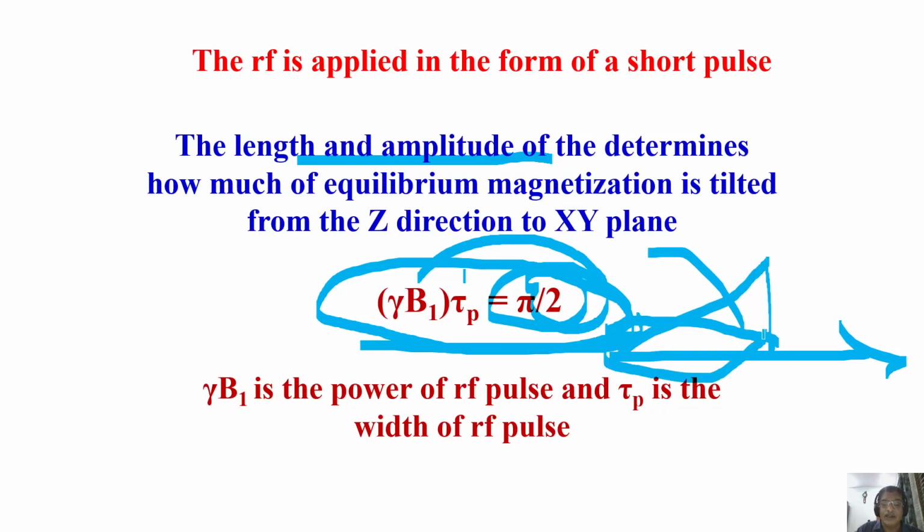The amount of magnetization tilted from the equilibrium position is defined by this pulse, and we can resolve into components and find out how much is along this axis. This is an important point. Remember, gamma B1 is the power of the pulse and tau P is the width of the pulse. I can manage this to get the magnetization tilted by any degree to any axis I want.